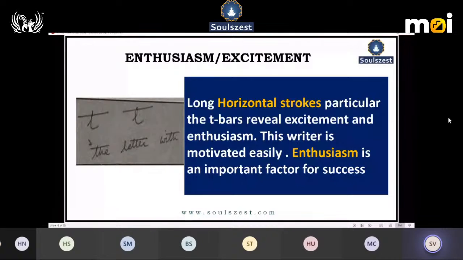Delay of work. Shown by the T-bar which is crossed on the left side of the vertical stair is a sign of negligence or hesitation.